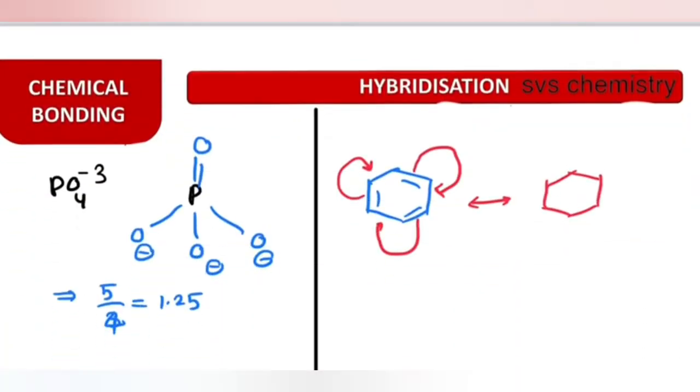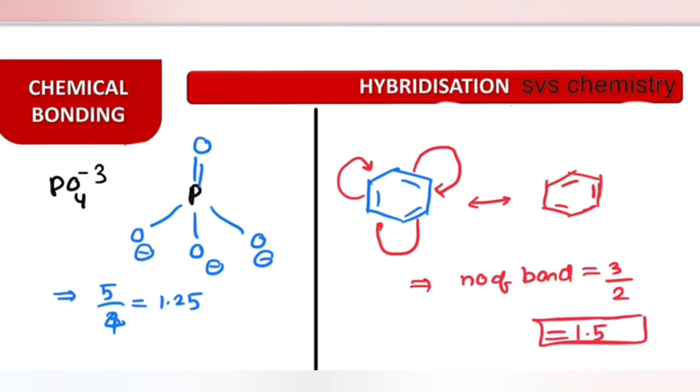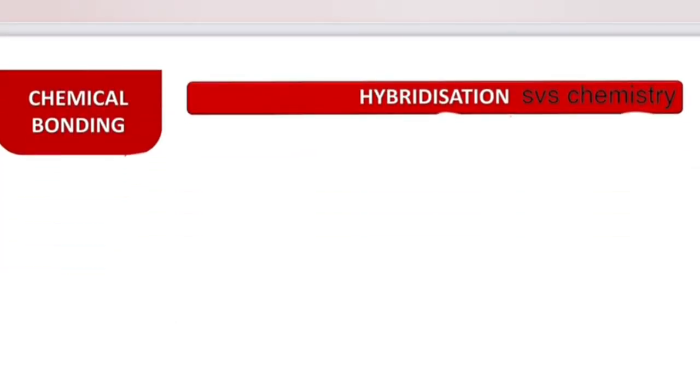If you observe very clearly, the number of bonds will be 3 over two resonating structures, so the bond order is 1.5. Like this, questions will be framed.